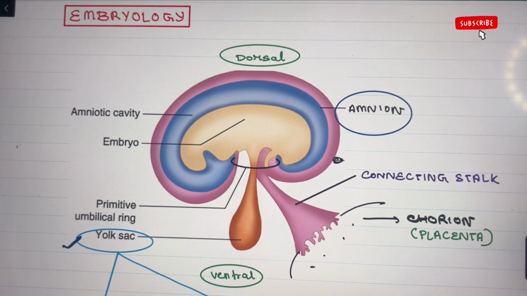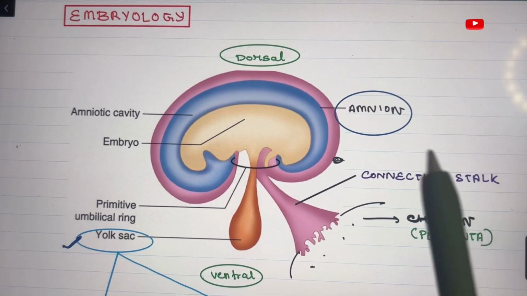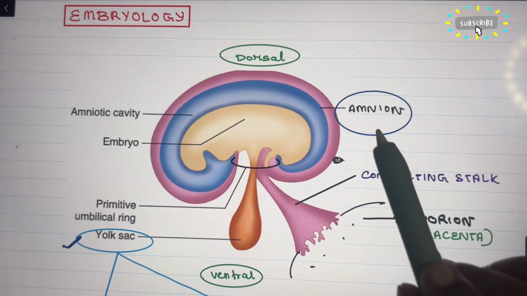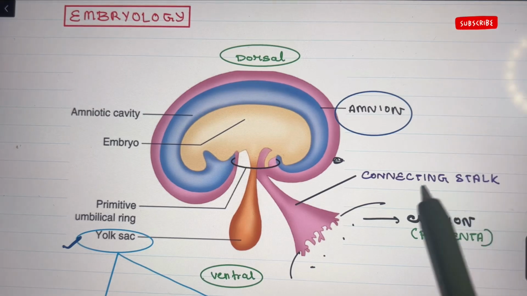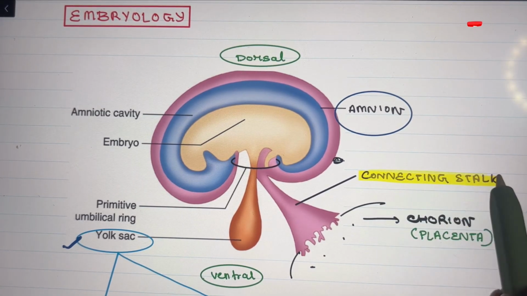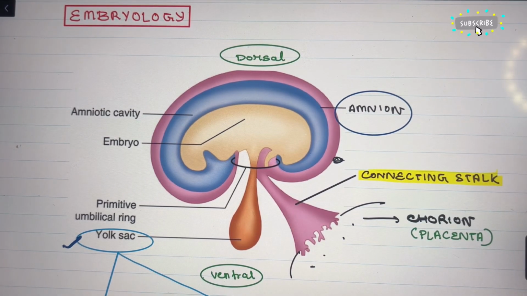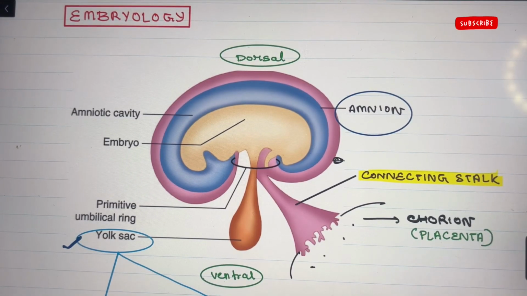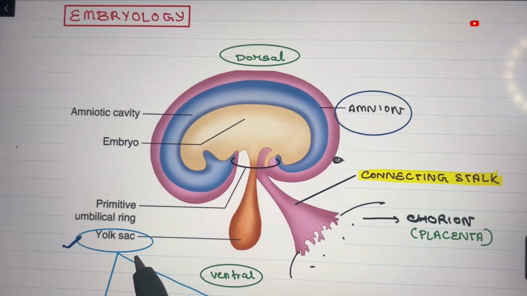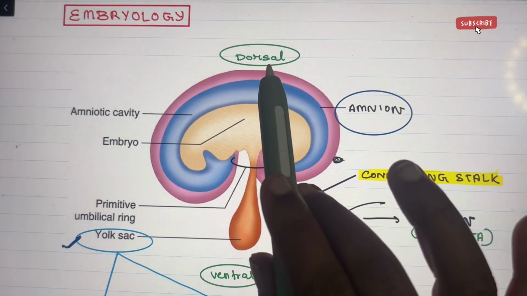So remember this point very importantly. The amnion and chorion is connected by connecting stalk. Remember this. Number one, first important point. Second point, yolk sac is present ventrally, amnion is present dorsally.